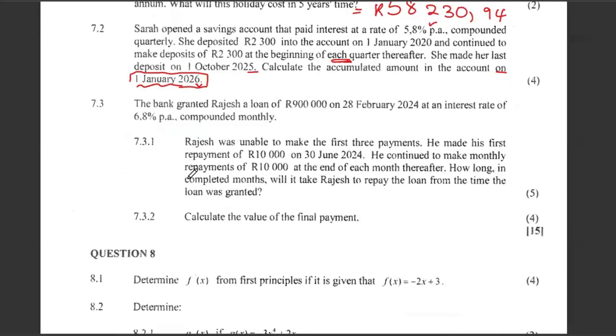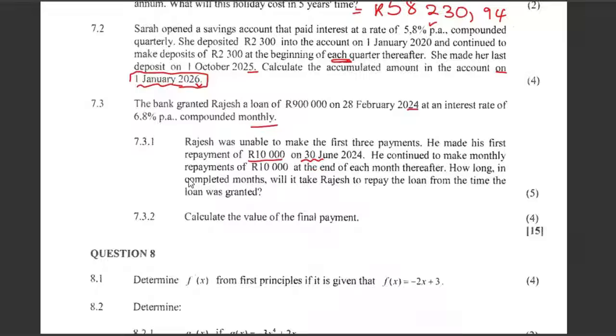All right, 7.3. The bank granted Rajesh a loan of 900,000 on the 28th of February at an interest rate of 6.8% compounded monthly. But Rajesh was unable to make the first 3 payments. He made his first repayment of 10,000 on the 30th of June.